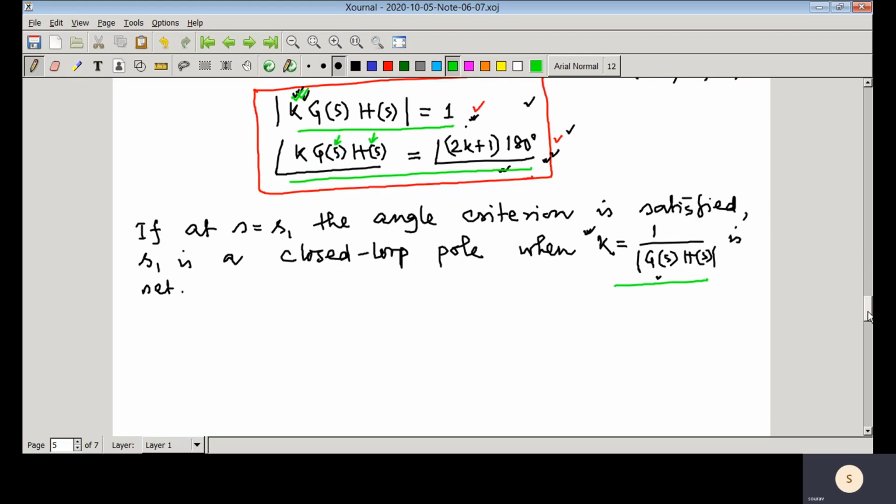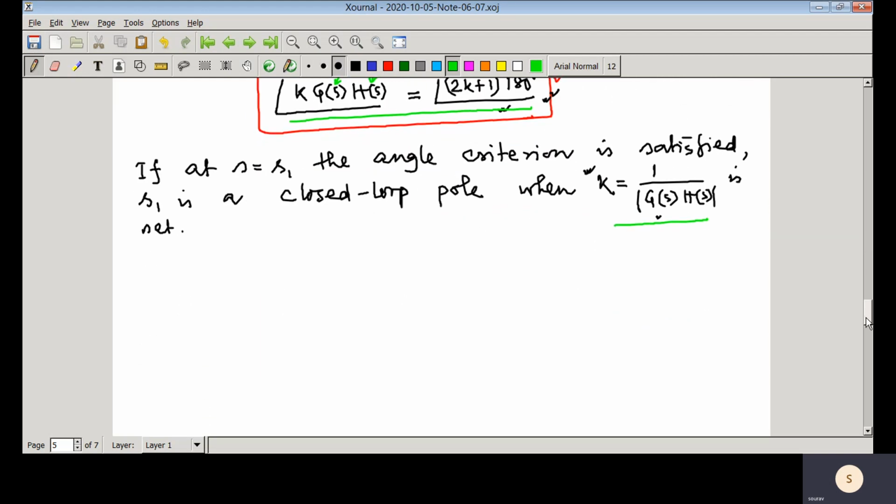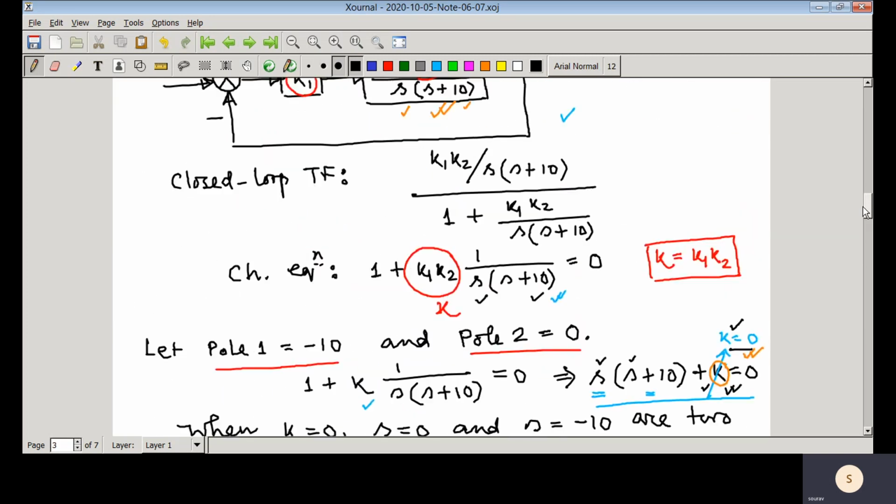So now we will take one small example and see how it works. Let KGSHS, that is the loop transfer function with that gain K. So there should not be any confusion.